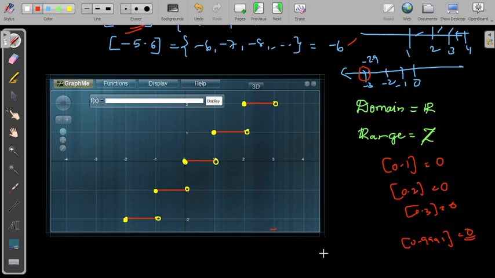So whenever x is greater than or equal to 0 and less than 1, the greatest integer of x is 0. Whenever x is greater than or equal to 1 and less than 2, it is 1. Whenever x is greater than or equal to 2 and less than 3, the greatest integer value is 2, and so on.